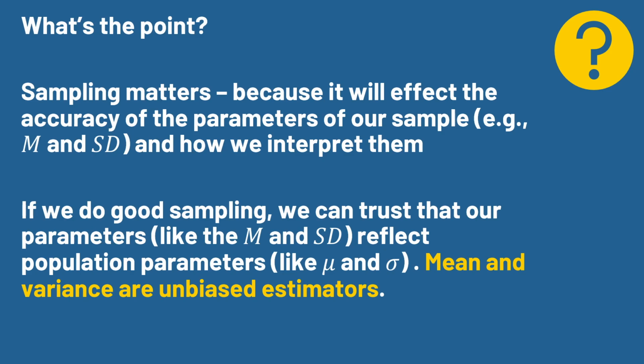And the reason for this is that mean and variance are what we call unbiased estimators. So we'll walk through why that's the case and what we mean by that. In other words, if we do good sampling, we can have a fair amount of confidence that our sample is actually representative of the broader population from a statistical standpoint.